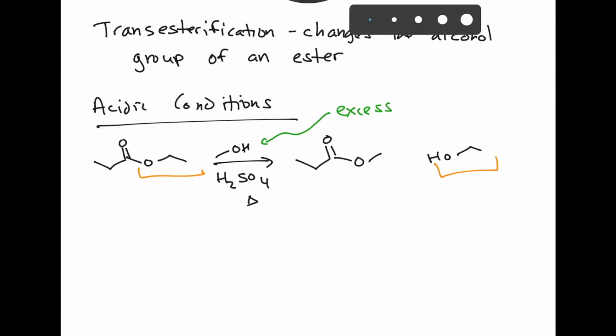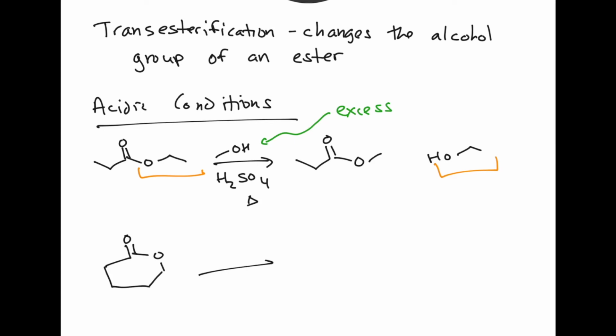We can also do this with a cyclic ester, a lactone, which we just learned, right? So here we'll have our alcohol, sulfuric acid, and our heat, and we're going to open up our lactone. So we're going to end up making an ester.